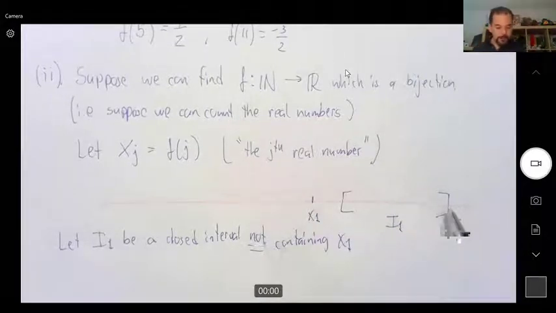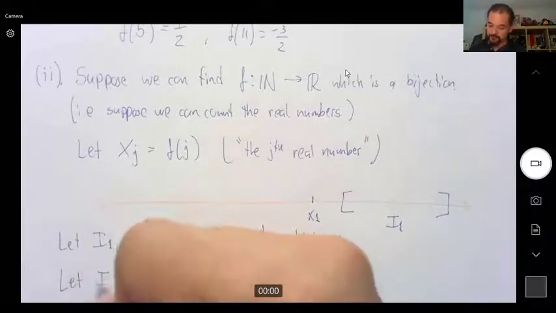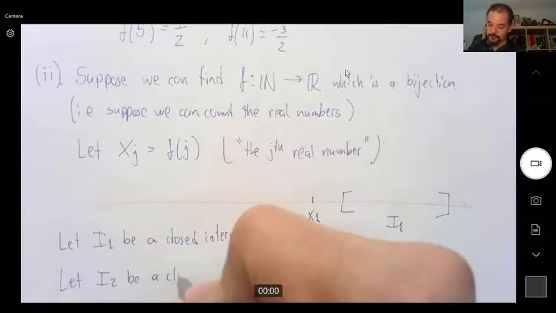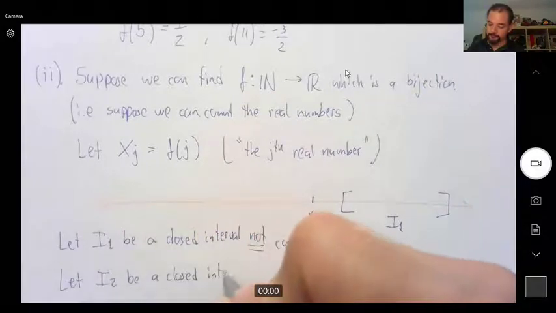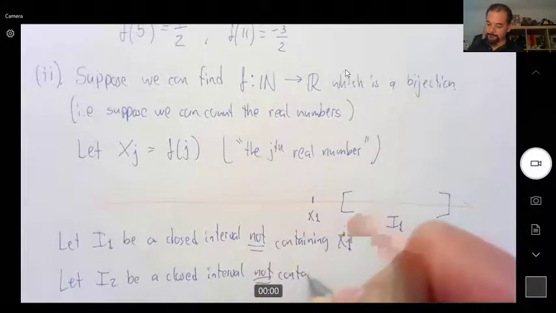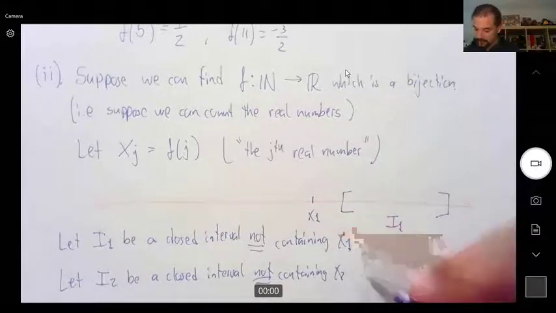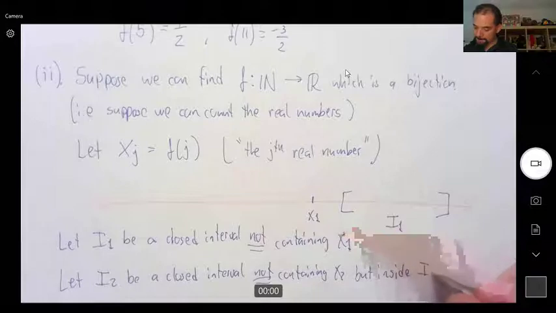So now somewhere over here is x2. So we're gonna continue the same way. We're gonna say that I2 will be a closed interval not containing x2, but inside I1.